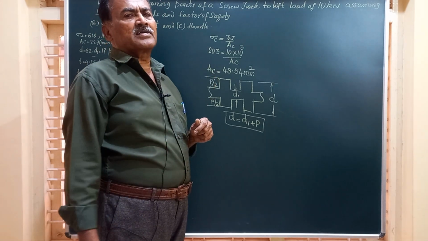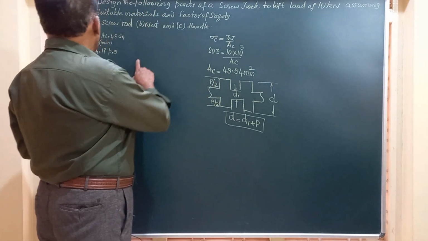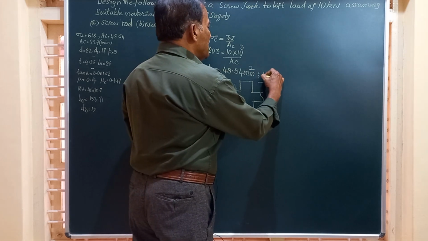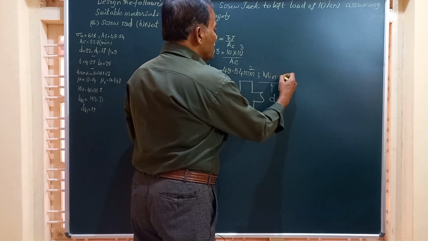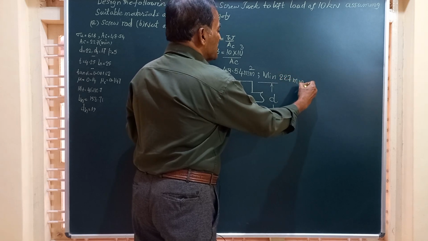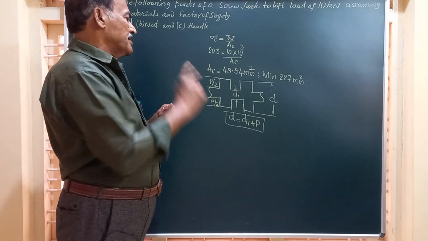So friends, now we have this core area, and when you refer to the table on this square threaded rod, you will have a minimum value of 227. So this value is not available. If you refer to the handbook, the minimum value will be 227 mm square, that is the core area available in the table.